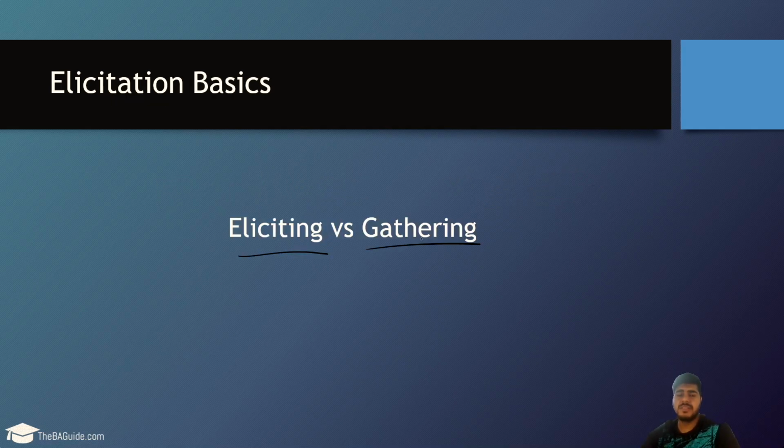So what is the difference between requirement gathering and elicitation? We are using this term again and again. Gathering is basically if you have information at various places, some information at one place, some information here and there, just gathering them in one place is called requirement gathering.